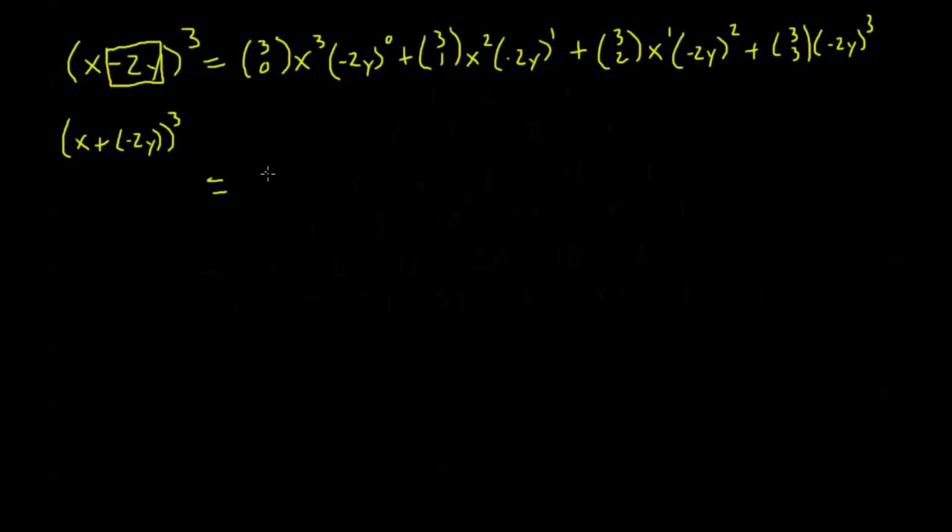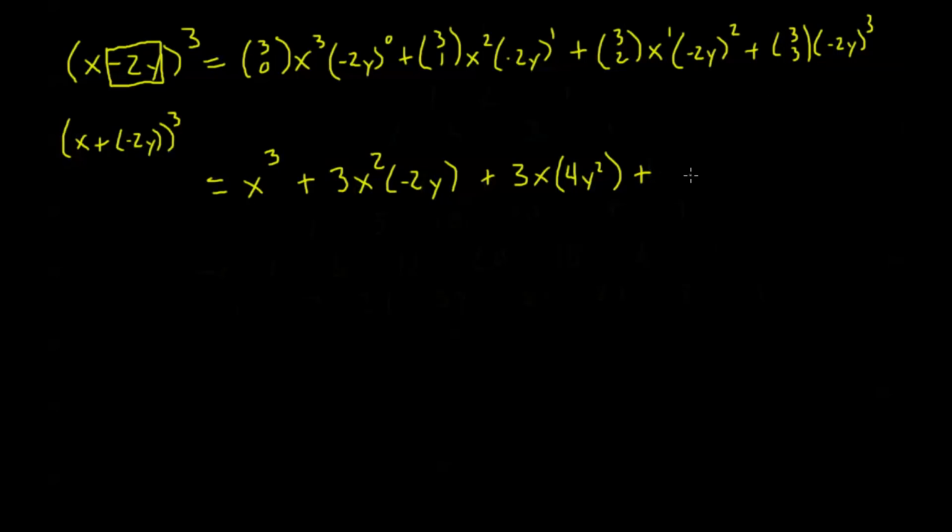So 3 choose 0 is 1, negative 2y to the 0 is 1, so I'm going to have 1x cubed, plus, now 3 choose 1 is 3, I have 3x squared times a negative 2y. 3 choose 2 is 3, so I have 3x times a negative 2y squared. The negative 2y squared is just 4y squared, right? The negative 2's cancel with each other.